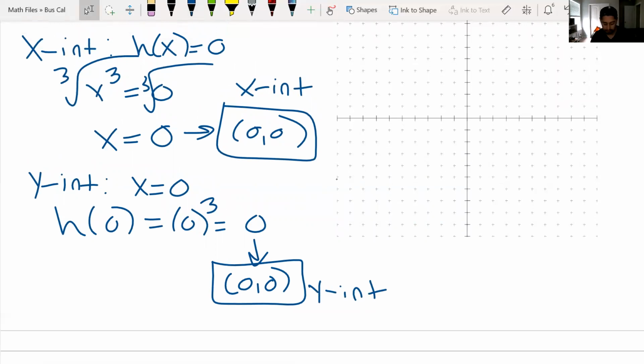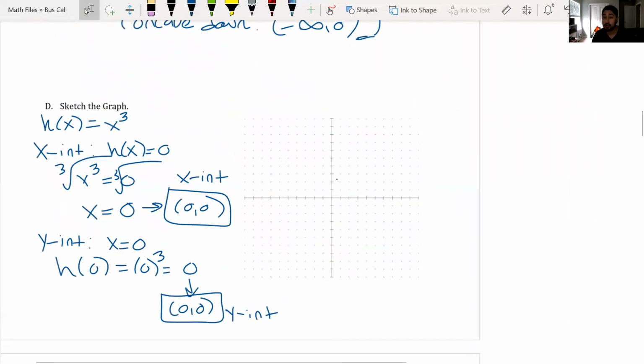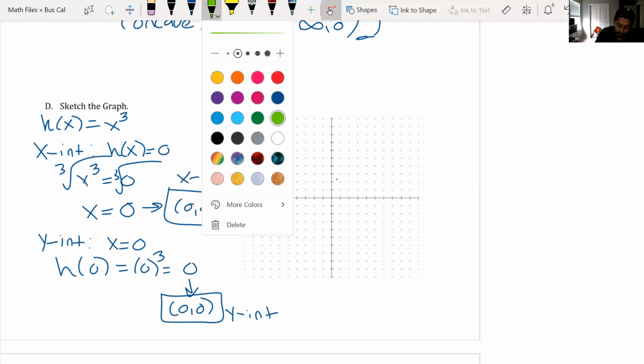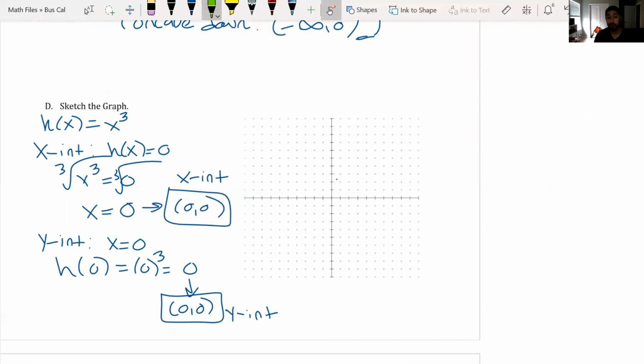Okay. So it's always important to know how to get an x-intercept and a y-intercept. Next is plotting. So we're going to plot my x-intercept and my y-intercept, which happen to be at the same point, 0, 0. And now we are going to graph based on concavity.